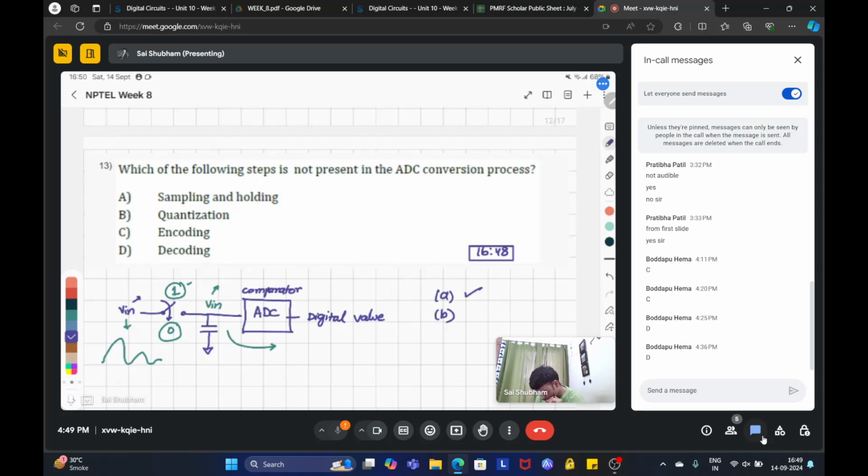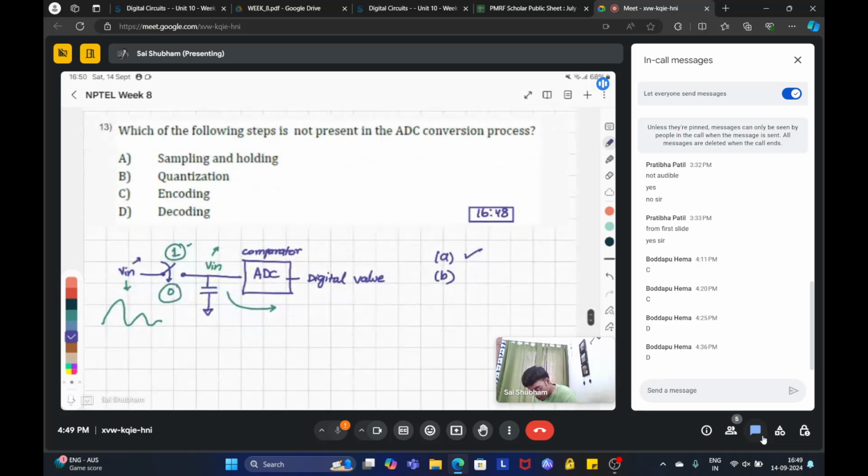Second is quantization. As I explained earlier, you have different voltage levels. Suppose your V reference is 8 volts. So you have 8, 7, 6, 5, and your input voltage is 6.2. In that case, if you pass this to a comparator, it will give you 1.